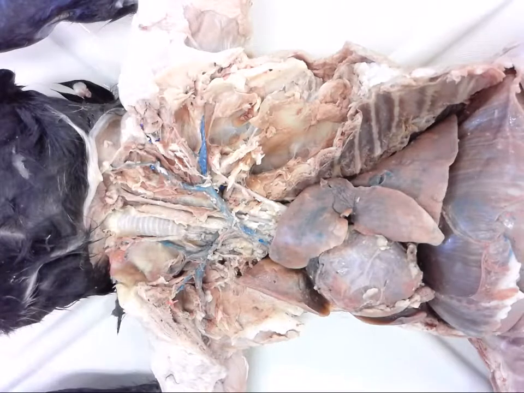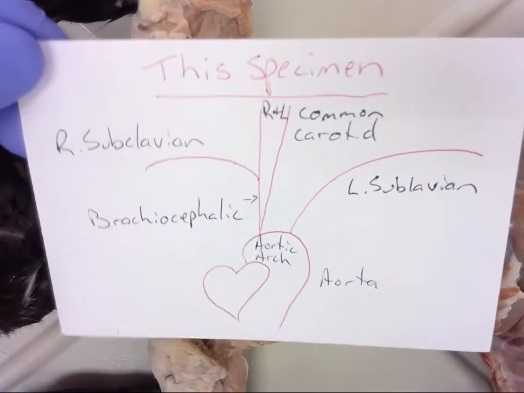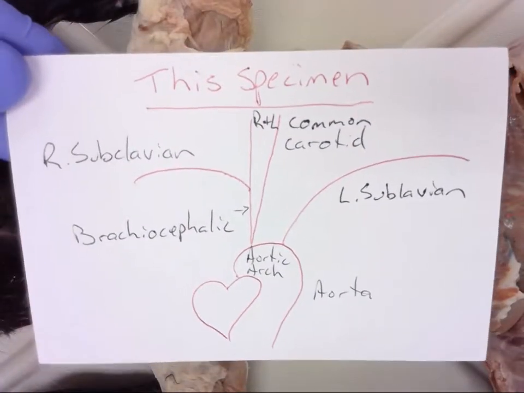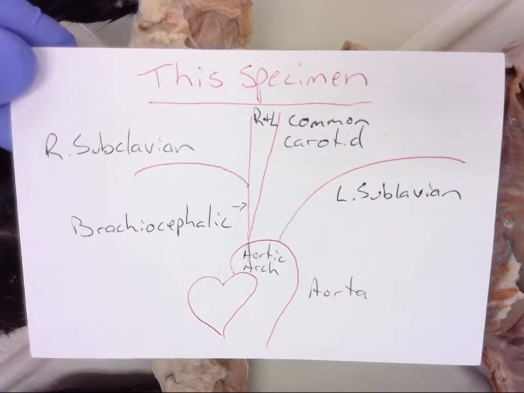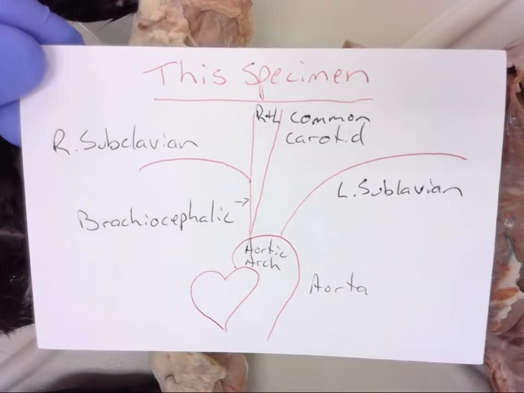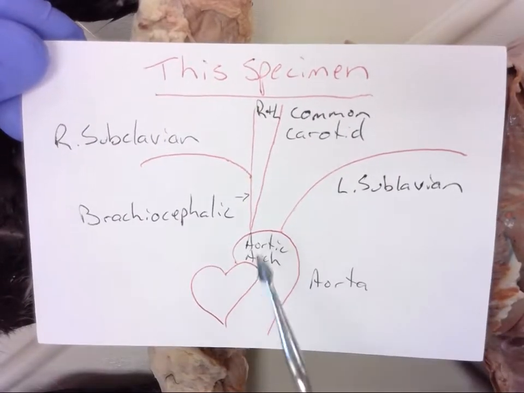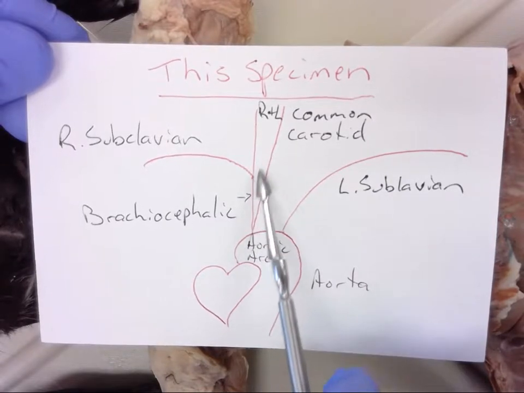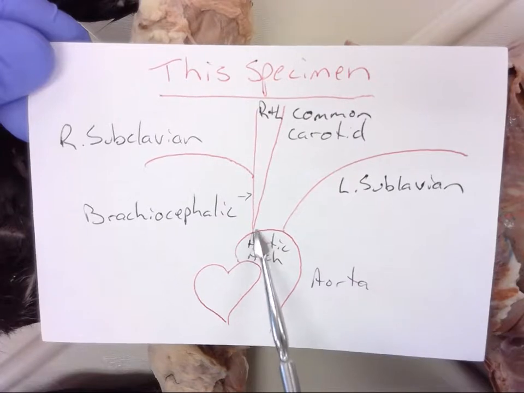Now, I did need to make note on this particular specimen of a couple of things. It's not uncommon to see some variation between specimens, especially in the cardiovascular system. There is some slight deviation from what is normal. So what we're going to see is the aortic arch going into the aorta, and rather than 3 branches, we have the left common carotid that's going to come off fairly early.